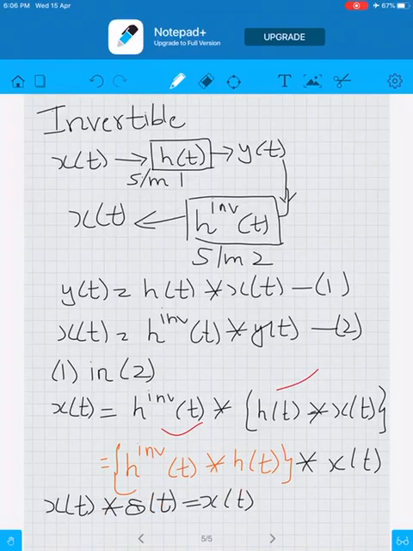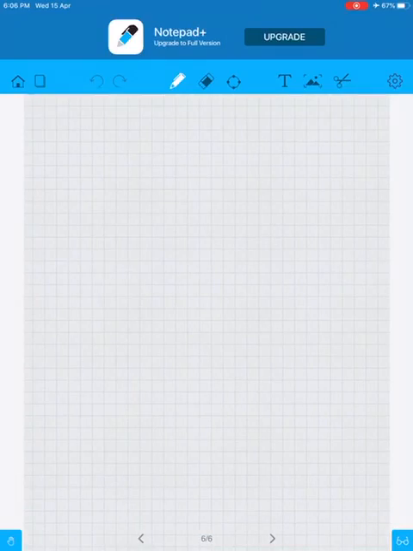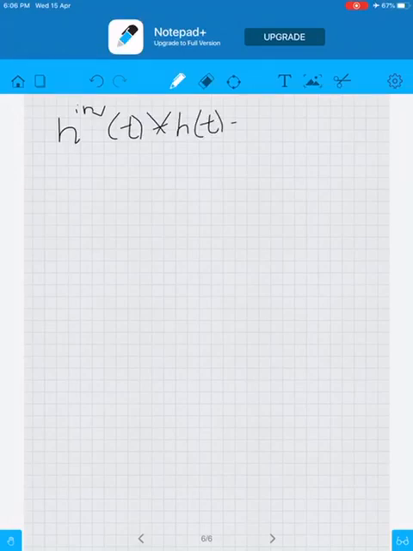Now, from the above equation, we can say that whenever h inverse of t is convolved with h of t, if it is equal to delta of t, only then I can get back the input. That is, the condition is, if h inverse of t convolve with h of t is equal to delta of t, then the system is invertible.